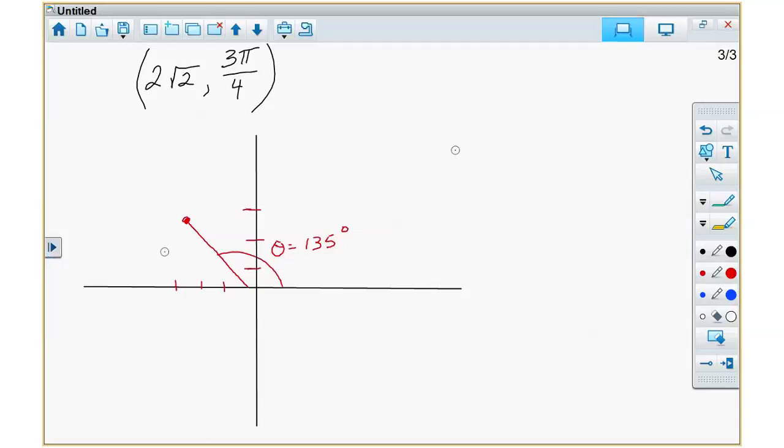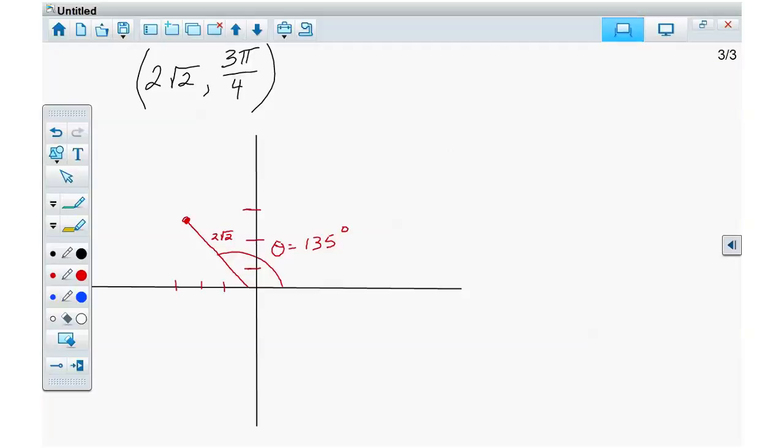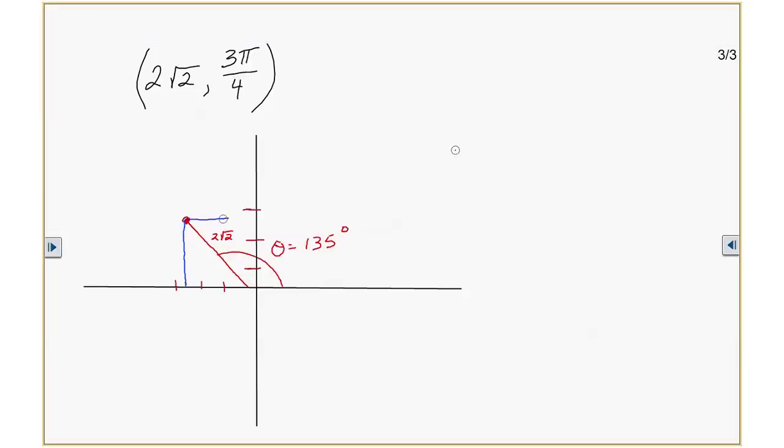I'm going to call it 2 square root of 2 because of the square. All you have to do now is what? Change it into... This is not to scale. I'm just drawing it, so these hash marks may be off.